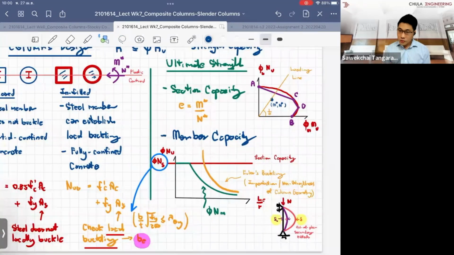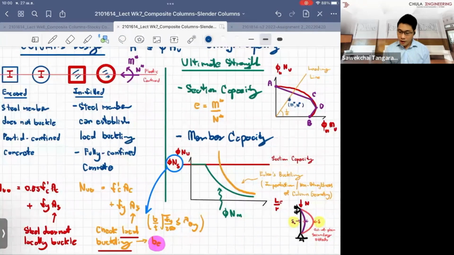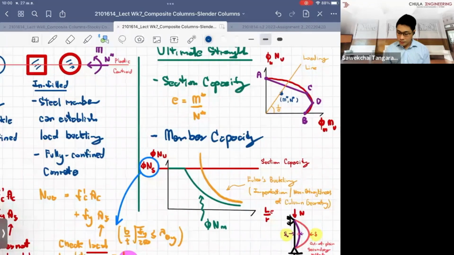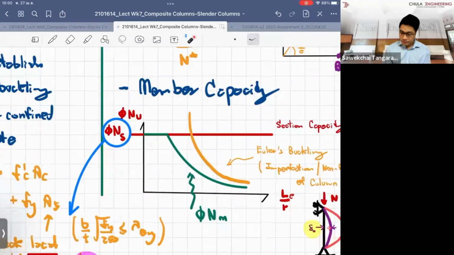The concrete uses the concept of moment magnifiers in the concrete designs, so they don't reduce the capacity of the member by looking at the member capacity. They use the section capacity. But in the steel designs, they drop the section capacity to some certain value, and they call that the member capacity.